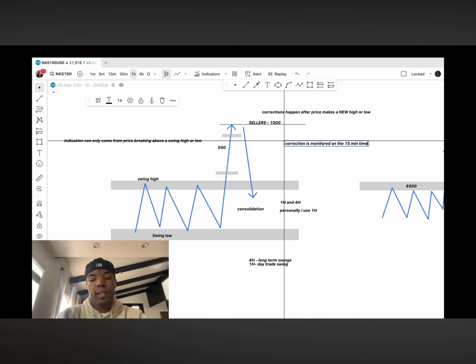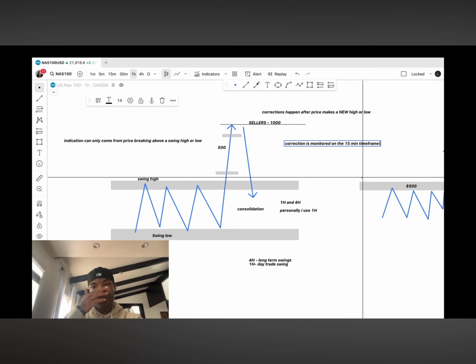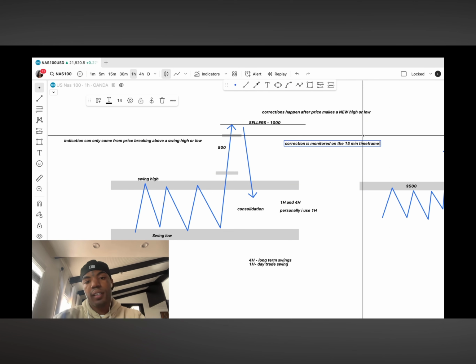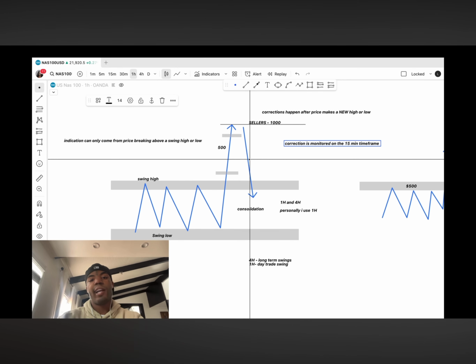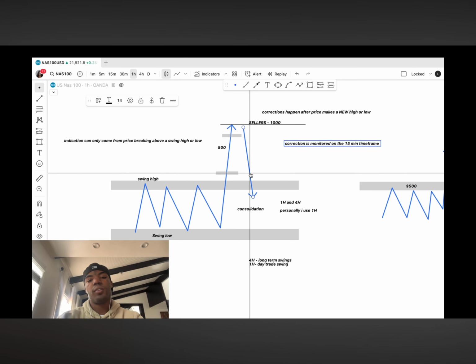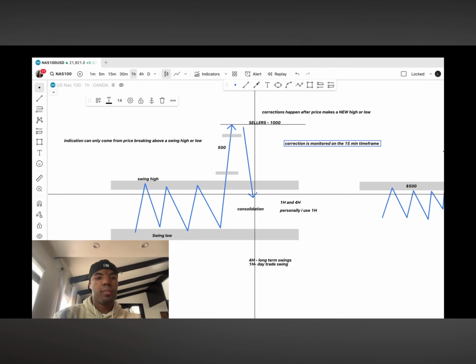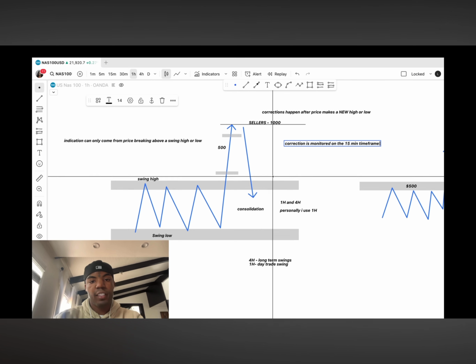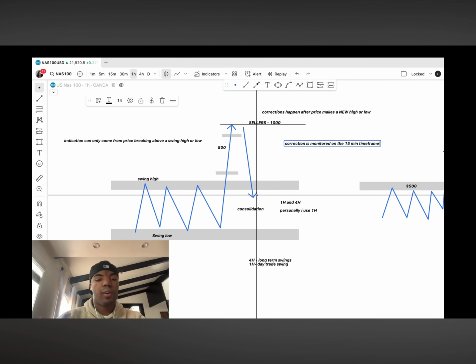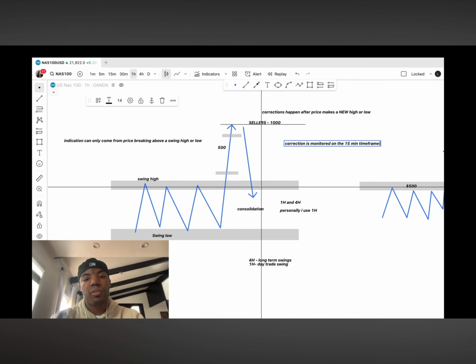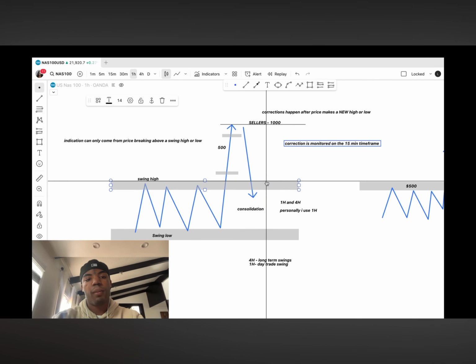So when a correction starts to happen, you want to start monitoring it on the 15-minute time frame. The reason is, if you look at it on the 1 hour, it's just going to be a candle or two going back down. It's still visible, but the reason we want to get into the habit of using the 15-minute time frame to wait for the correction is that it plays a big role in knowing when the correction is over, so you can get that entry on the 15-minute time frame when price is back above those swing highs.